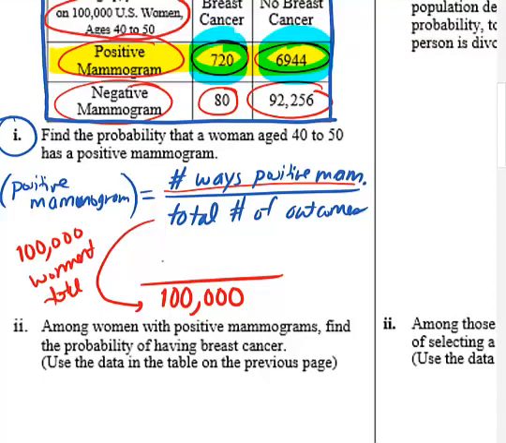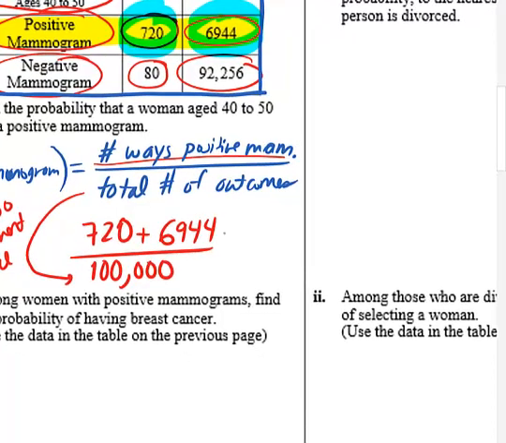There's 720 who had a positive mammogram and had breast cancer, but also the ones that did not have breast cancer, 6,944 of them did have a positive mammogram. So it's those put together, because both of those had the outcome we were looking for, a positive mammogram. Let me add those together: 6,944 plus 720. Looks like 7,664 over 100,000.